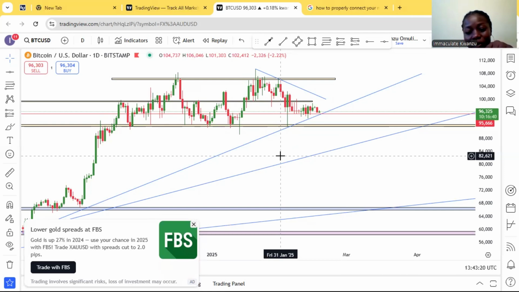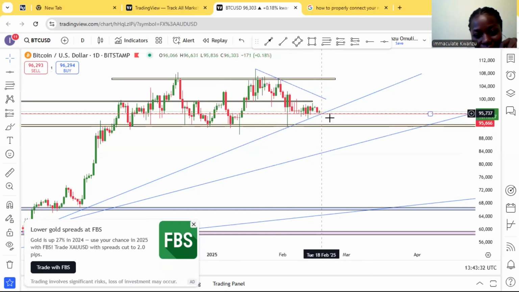They may not hold as much as a weekly key level, but for sure the market reacts around it. That's why it's very important to remember to plot your black lines. So for Bitcoin, this black line has been holding this market very dearly.